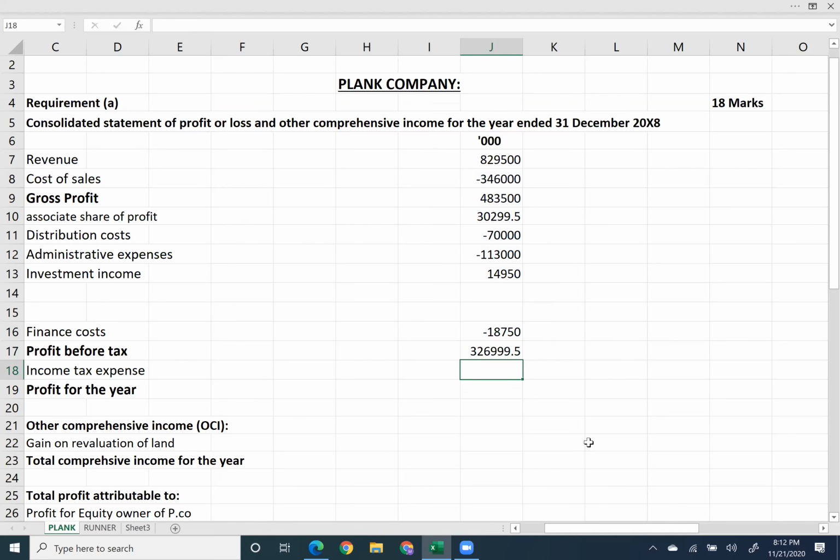So 326 something, right? Now income tax is very simple. Parent company's complete income tax is 51,500. And for the subsidiary company, 9 upon 12: the income tax is 15,000 times 9 upon 12, which means 0.75.